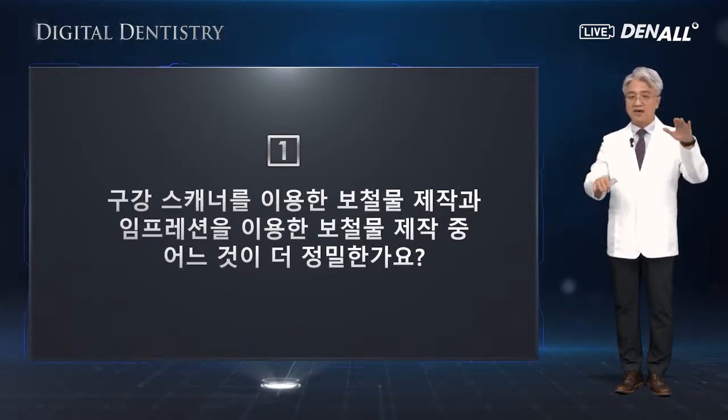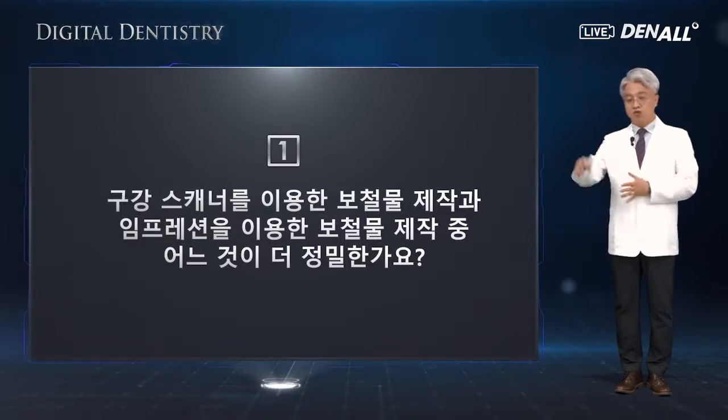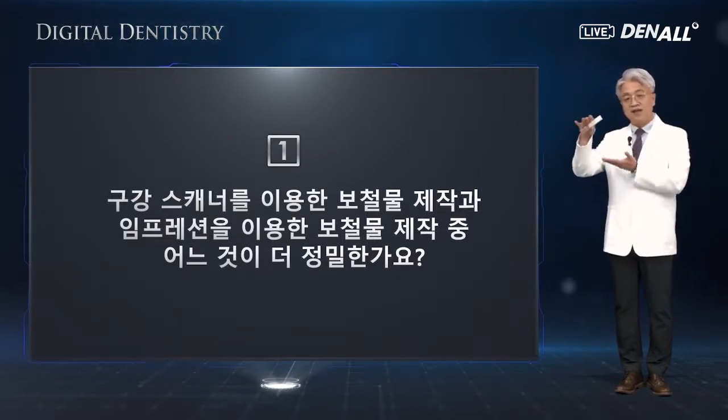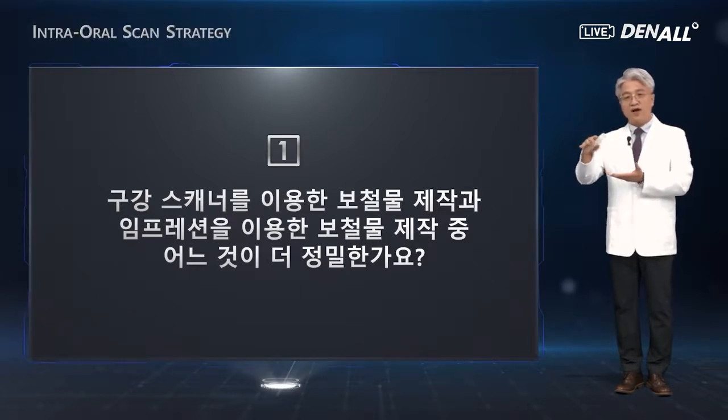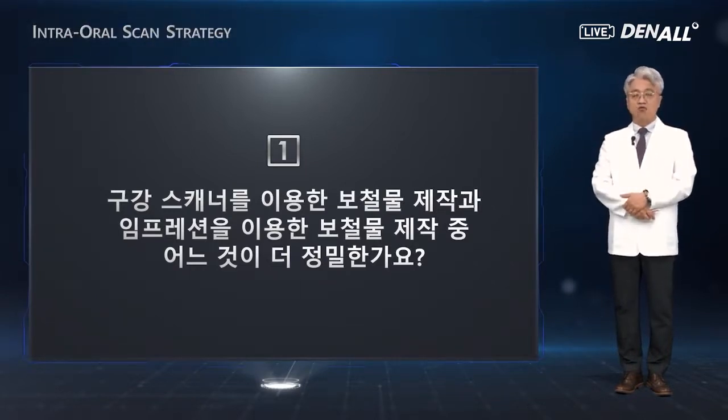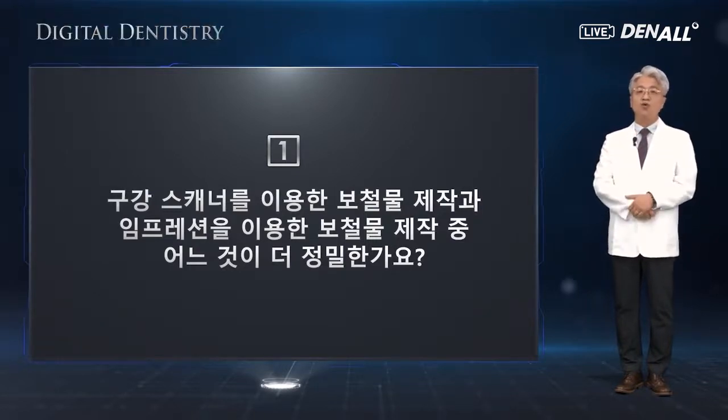So in adopting the Modeless approach, I looked at the errors made in the two different approaches. Fewer errors were made when an oral scanner is used for the fabrication of prosthesis. That's something I observed with my own eyes and hands, and I also felt it with my body.